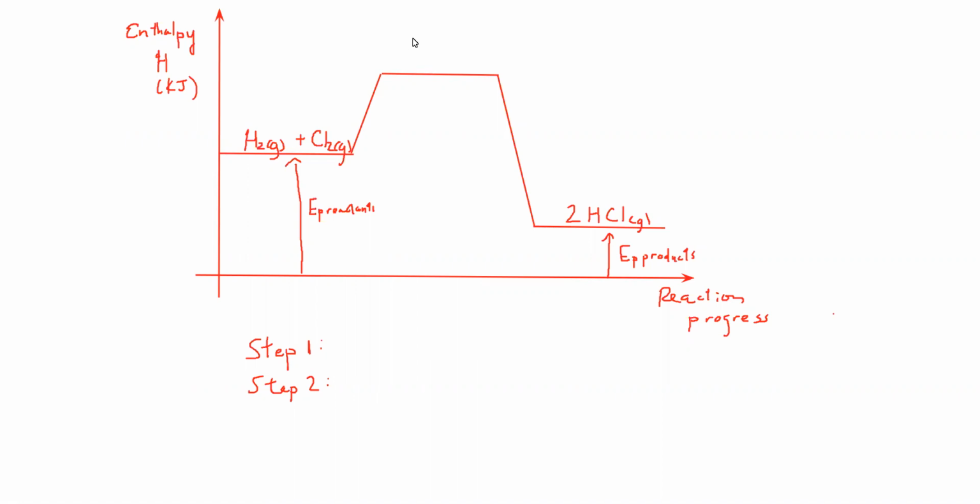For that split second, they are separate. So you'll have, let's say, two H atoms and two chlorine atoms. And this particular state right here is known as the activated complex, which we're going to need to use afterwards.